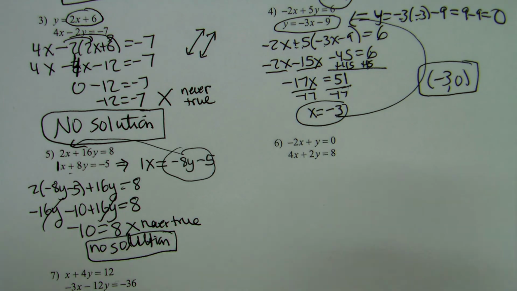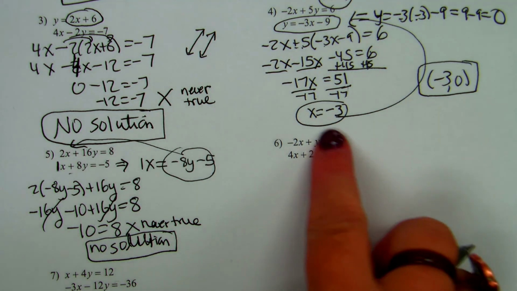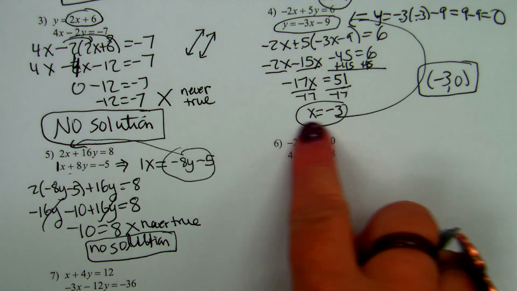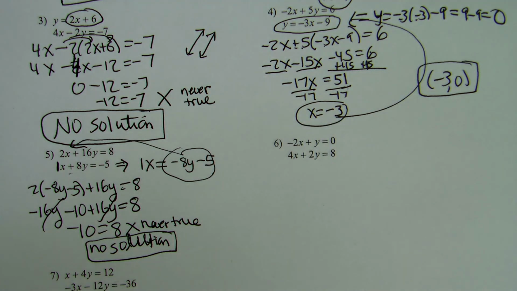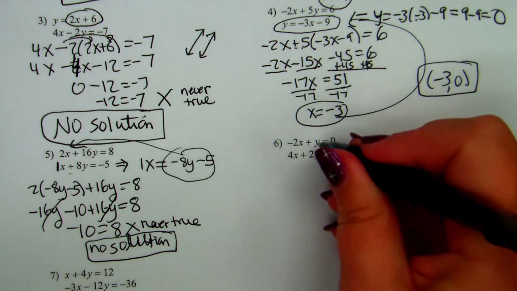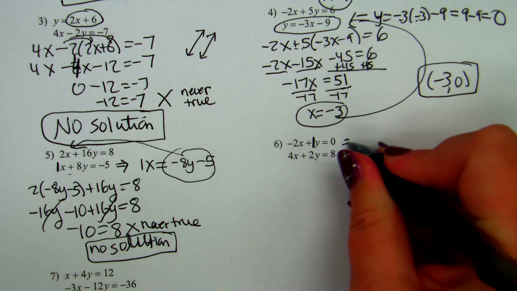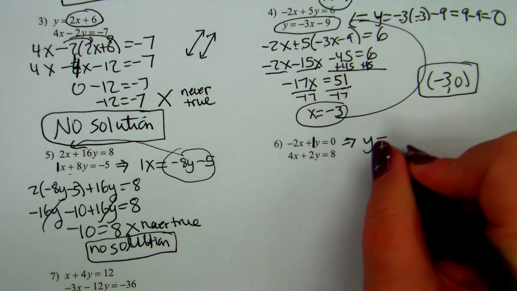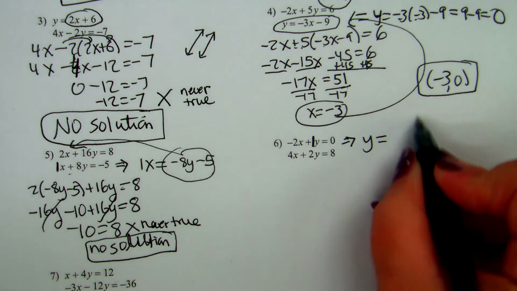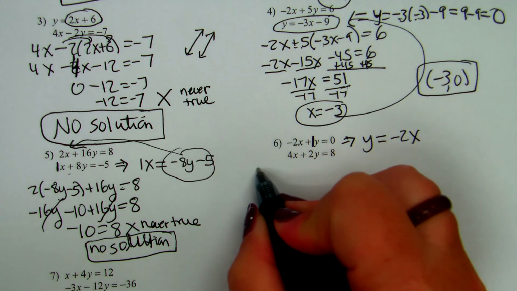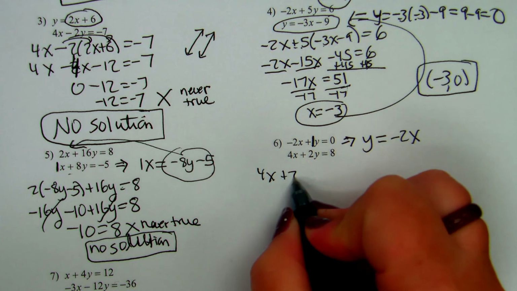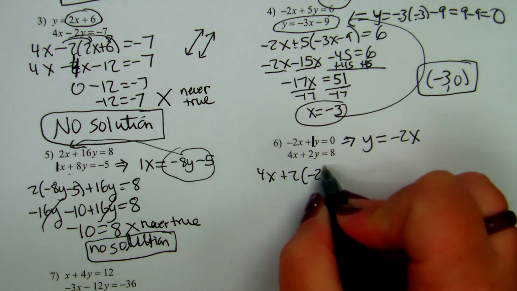Which variable do you think we should solve for in this equation? In this system of equations, which one has a coefficient of 1? Y does. So we write y equals, move the negative 2x to the other side. And wherever there's a y, we're going to put negative 2x.